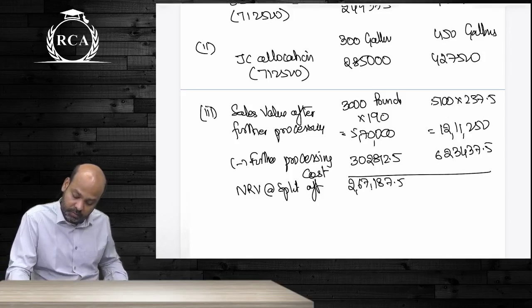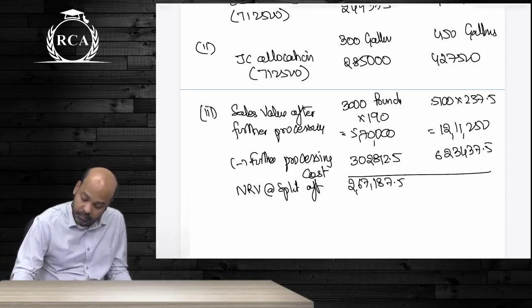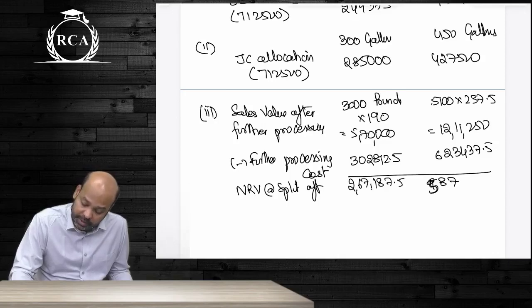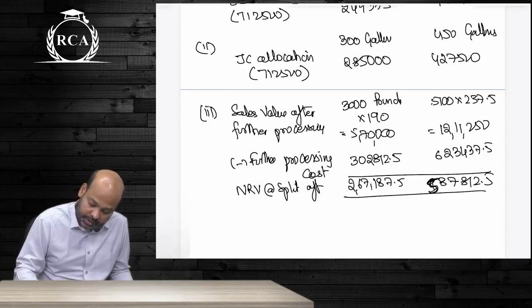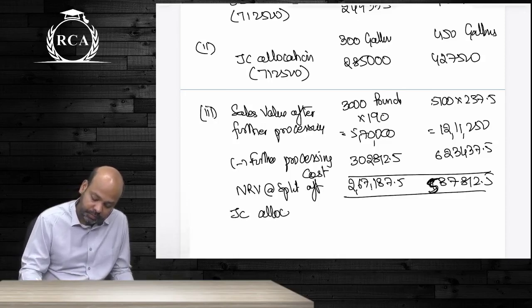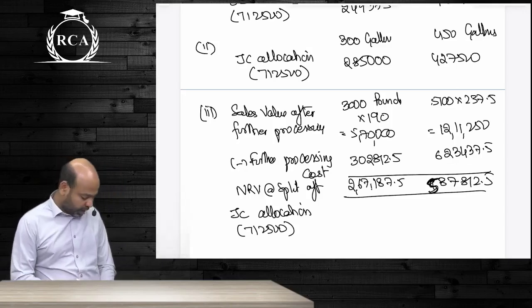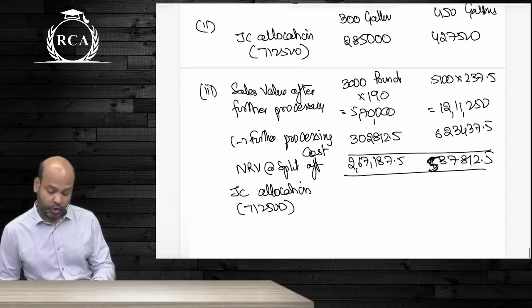2,67,187.5, 9,87,000, 5,87,000, 812.5. Joint cost allocation in this ratio. You will have to allocate joint cost in the ratio of these two amounts.